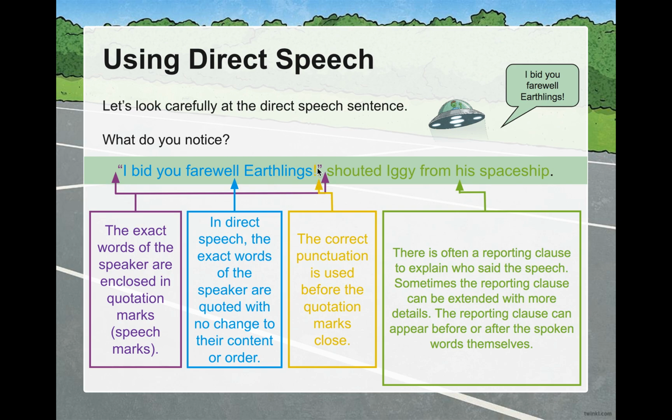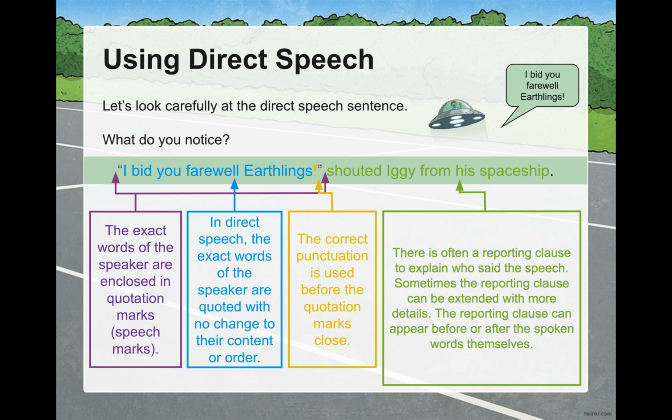Now this could be an exclamation mark for shouting, a question mark for a question, a comma if it's not shouting or a question and the rest of the sentence continues afterwards, or a period if the rest of the sentence was at the start and this was at the end. So it depends on each sentence. The rest of the sentence we often call a reporting clause because it explains who spoke.